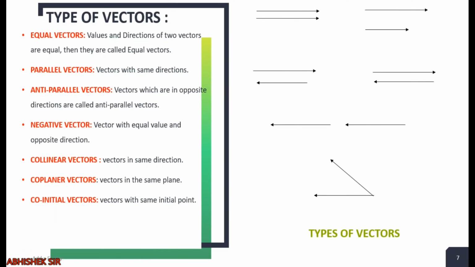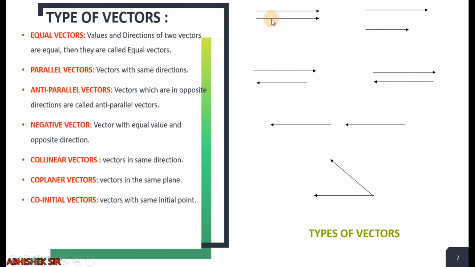Clear? Now, at the end of this video, let us discuss the types of vectors. There are many types of vectors, out of which few I have mentioned over here and also tried to show in the diagram. Equal vectors. If values and directions of two vectors are equal, then they are called equal vectors.